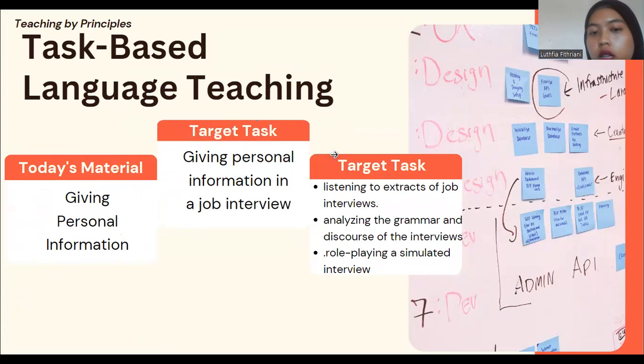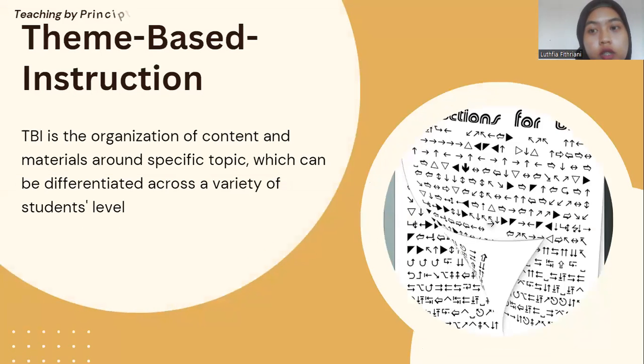And the pedagogical tasks that can be given to the student include listening to extracts of job interviews, analyzing the grammar and discourse of the interviews, and role-playing a simulated interview. That's all about task-based language teaching.